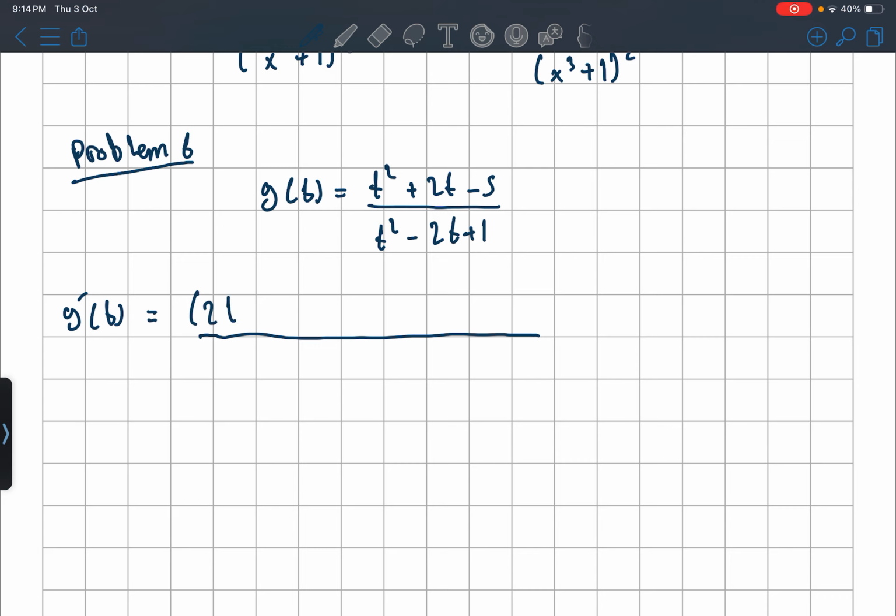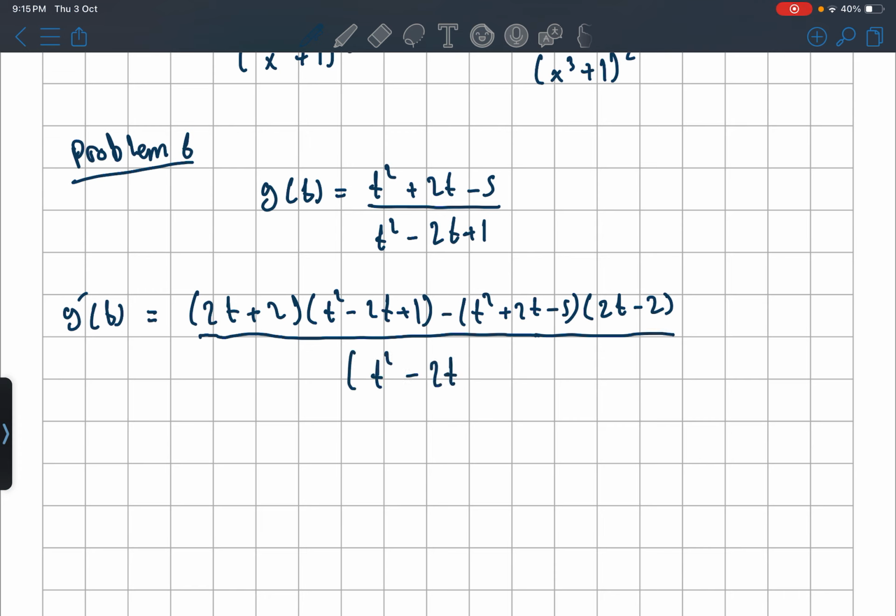It will be 2t plus 2 times the denominator, minus the numerator times the derivative of the denominator, over the denominator squared.